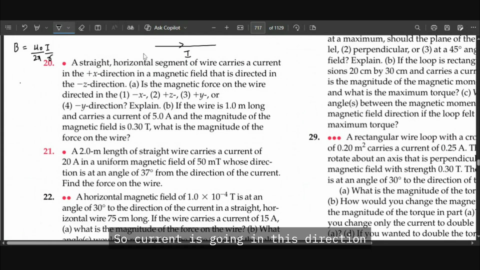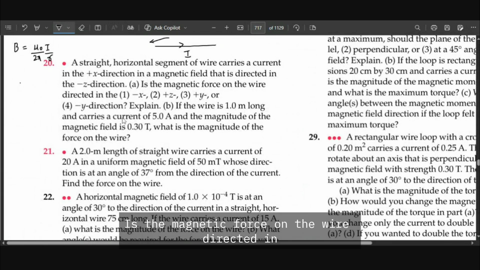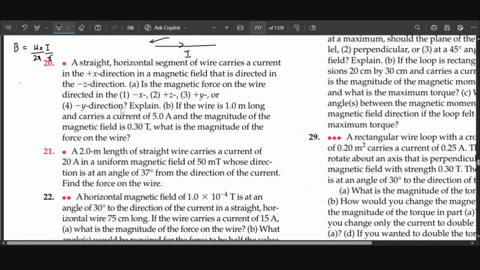So current is going in this direction, and the magnetic field is set up in the negative z direction, like that. Is the magnetic force on the wire directed in negative x, positive z, positive y?